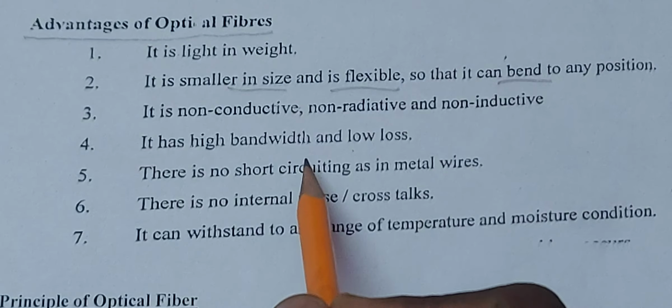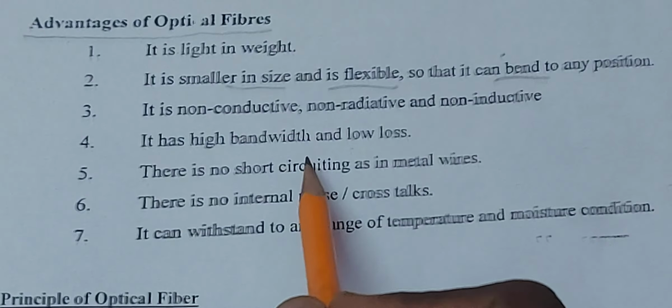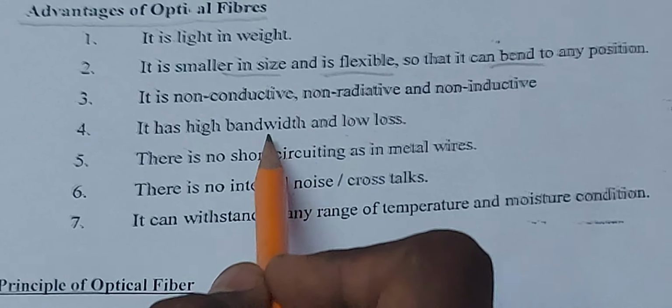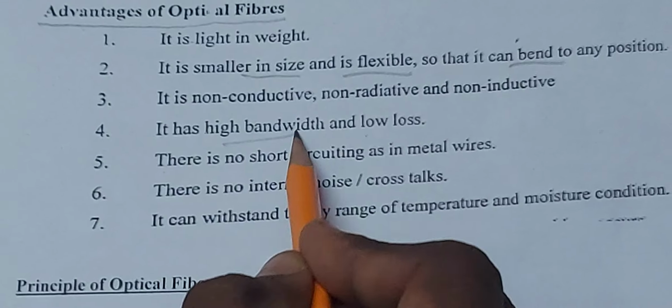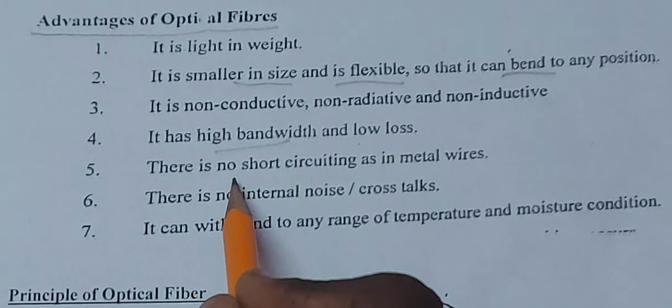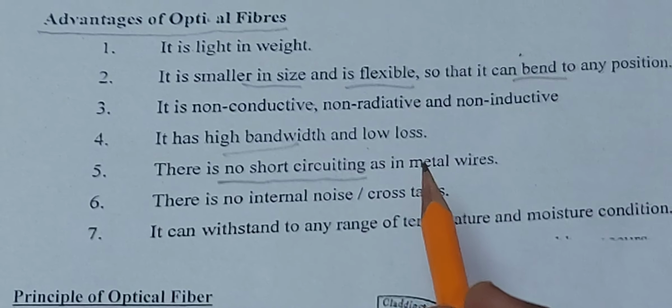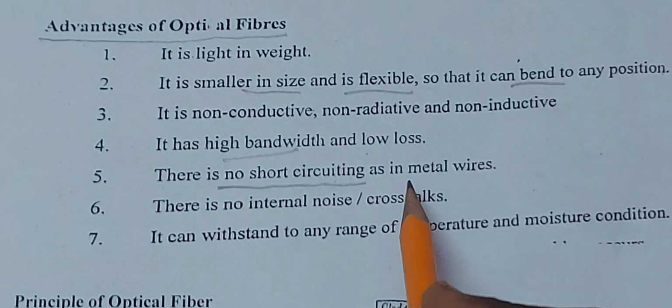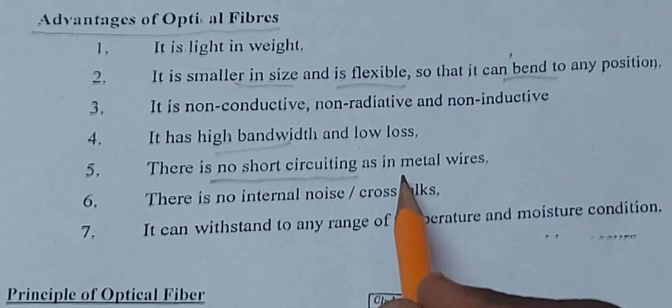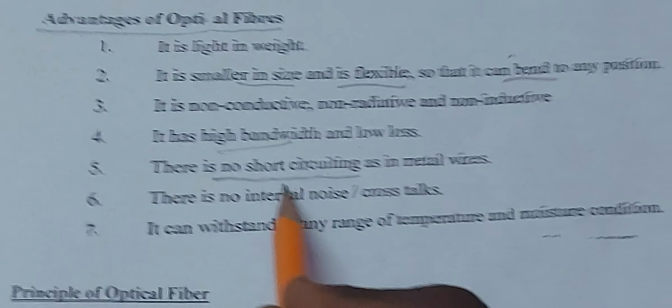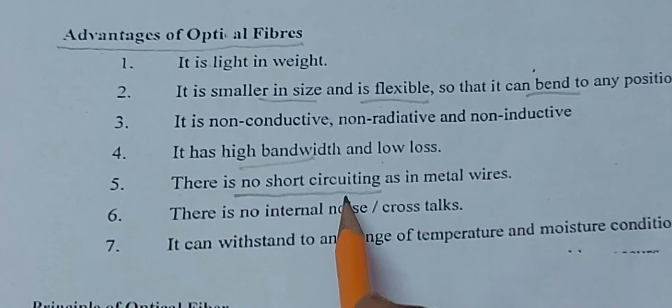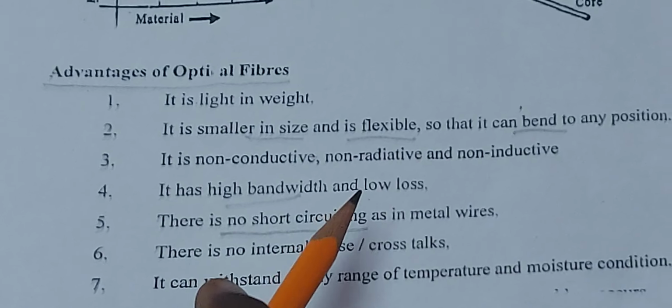I already said that light waves have a frequency of 10 to the 15 hertz, so it is capable of high bandwidth. And there is no short circuiting, because we use only light as the carrier medium and not an electrical power supply.